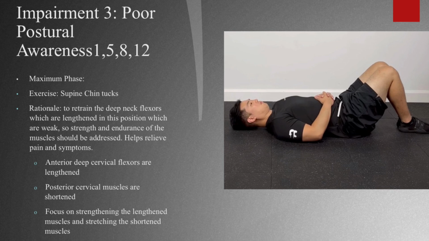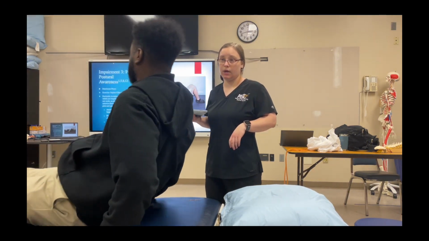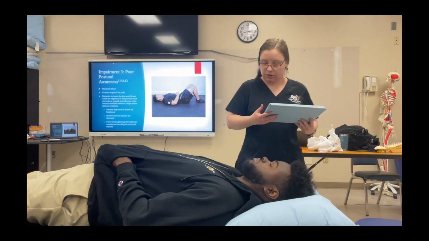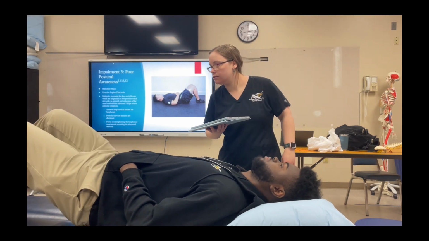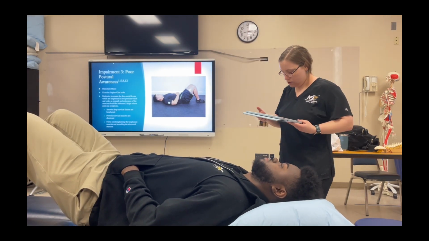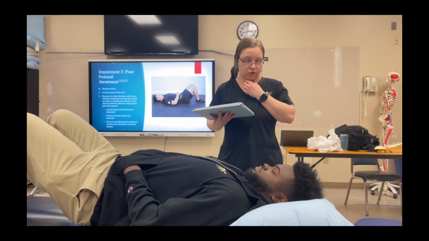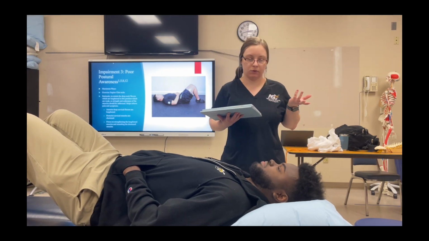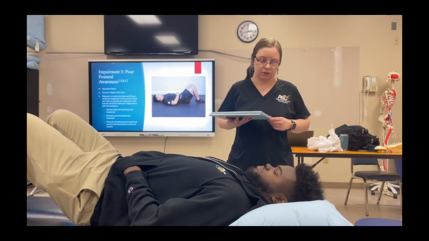So for this exercise, I'm going to have my patient lay supine on his back. Also, if you'll bend your knees up for me in the hook lying position. What I'm going to instruct my patient to do is tuck your chin in towards your chest. Do about 3 sets of 10. Hold that for about 3 to 5 seconds.